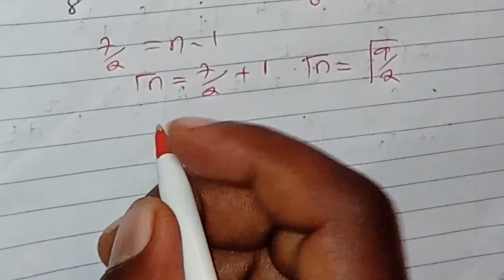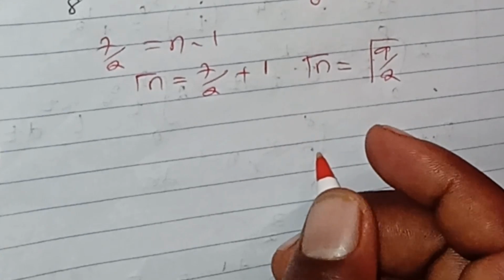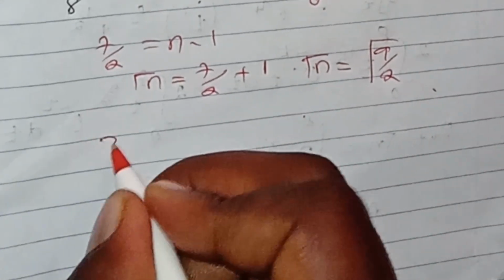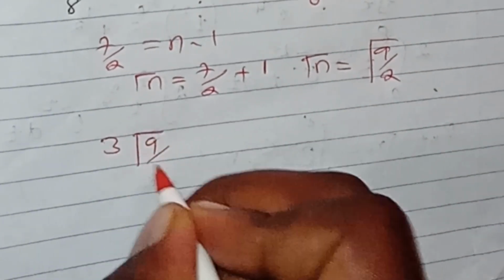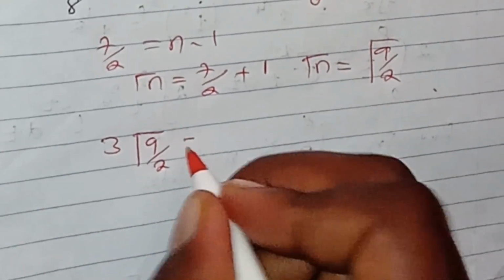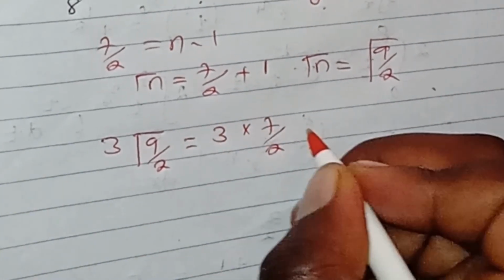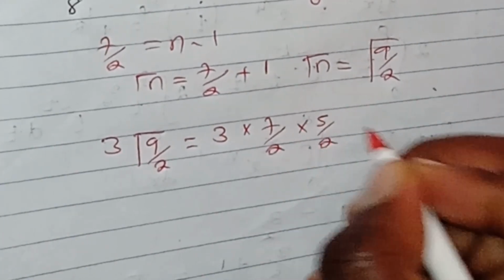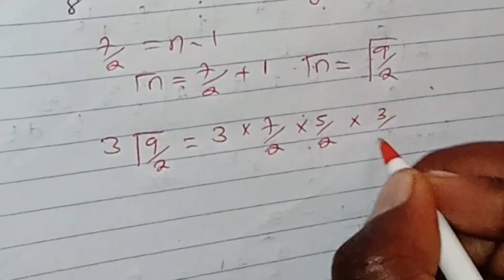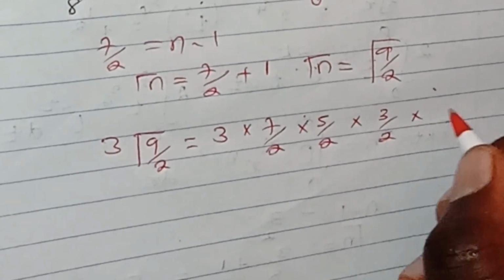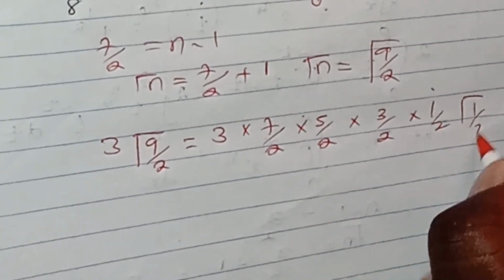So the required solution for this integral will be 3 multiplied by gamma 9 over 2, which is equivalent to 3 multiplied by 7 over 2 multiplied by 5 over 2 multiplied by 3 over 2 multiplied by a half, gamma half.